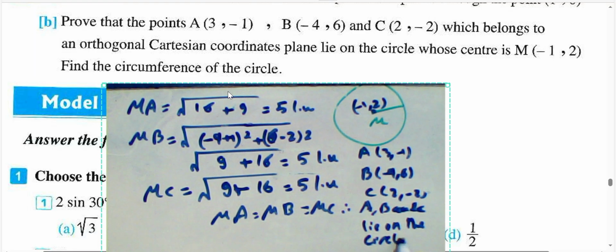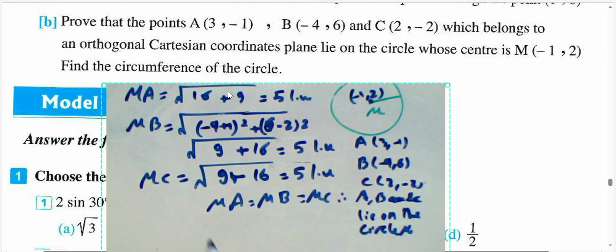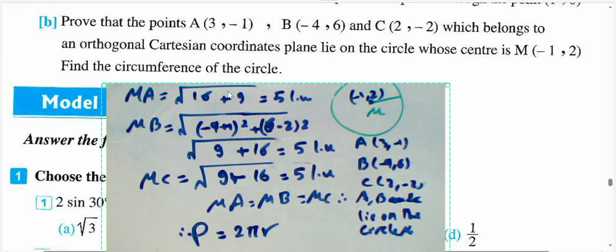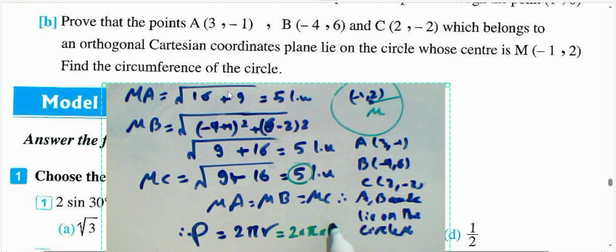Second, you also want to find the perimeter. Then the perimeter, the circumference, equals, write the rule, 2 pi R. We know pi equals 3.14, multiplied by the radius, which was 5.